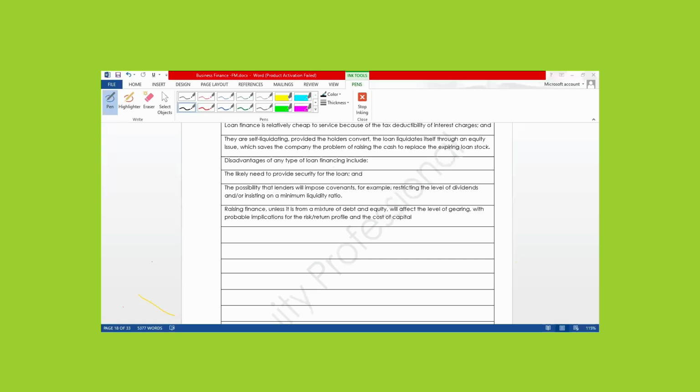Yes, in addition to the conversion option for debt, can we add that the price of the conversion should be higher than the redemption value? I mean the conversion price to equity should always be higher than the redemption value.